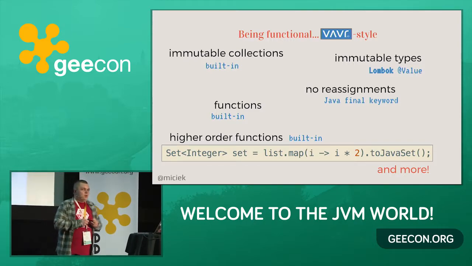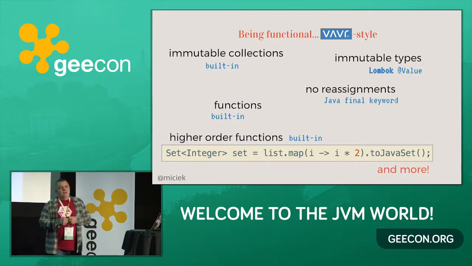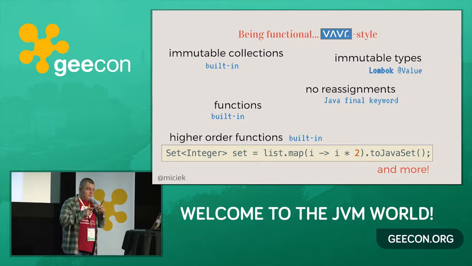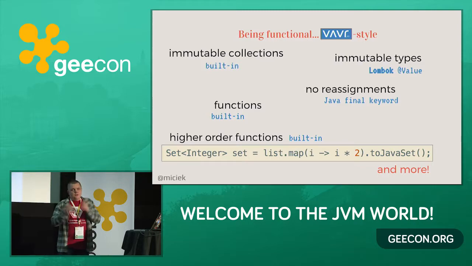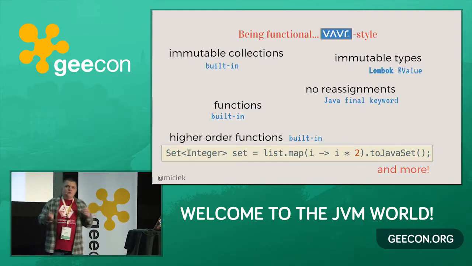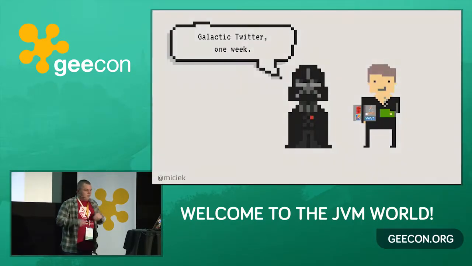So we have collections, we have better functions, we have higher order APIs, and we have many more types and techniques that I want to show you here. And small disclaimer, I'm a Scala programmer, so I picked up Vavr very quickly because those ideas are from Scala. But if you have any questions, any problems with the slides or snippets, then please just interrupt me. I will try to explain better. So after including Vavr, we have almost everything we need.